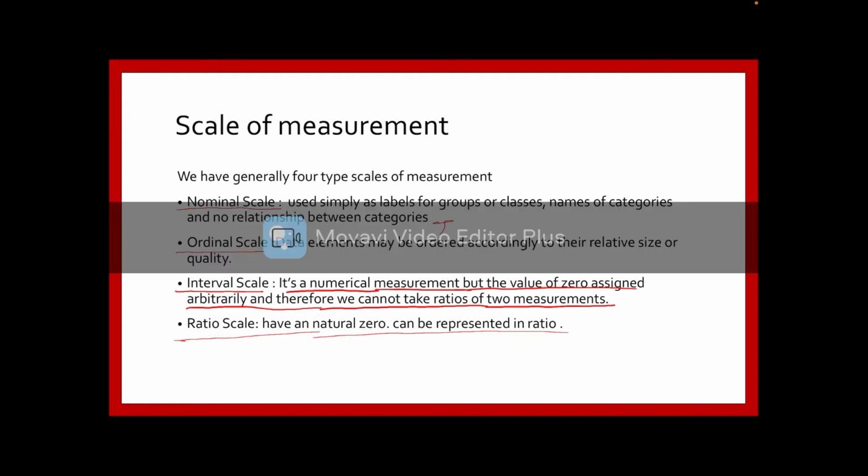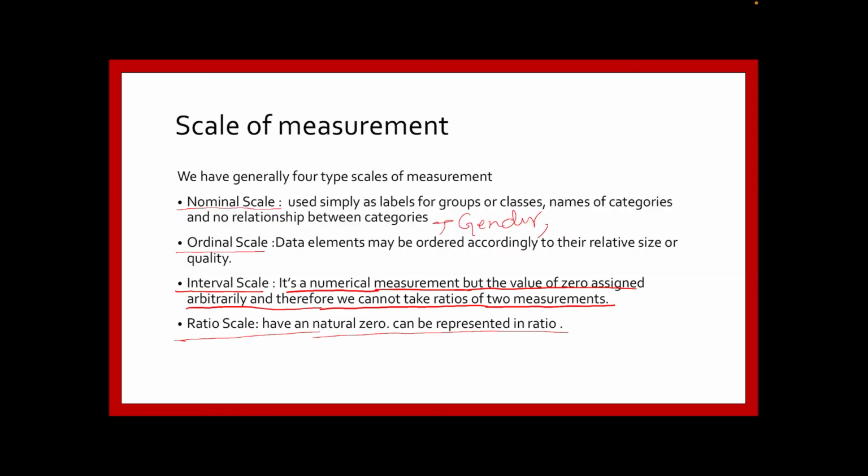Examples we have taken for nominal: gender. There are two classes, male and female, but there's no inequality. Both are equal, no kind of ranking. It can be nationality, color of skin, anything.